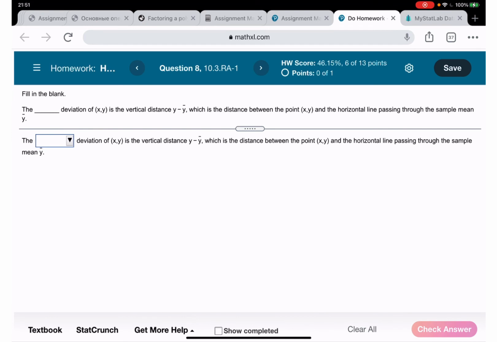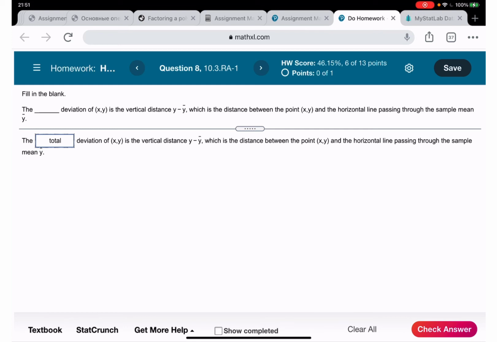Total deviation of xy is the vertical distance of y minus y bar. We are trying to figure out how far it has drifted.